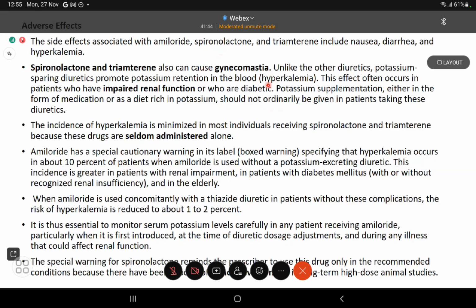This is a common condition: those who have impaired renal function and diabetes, hyperkalemia might always happen.